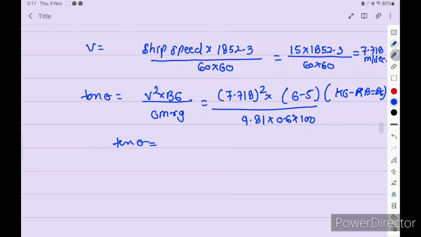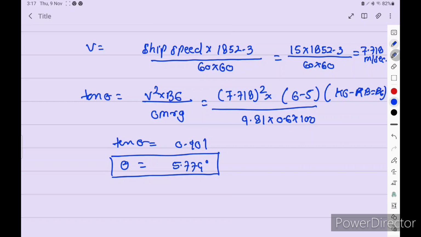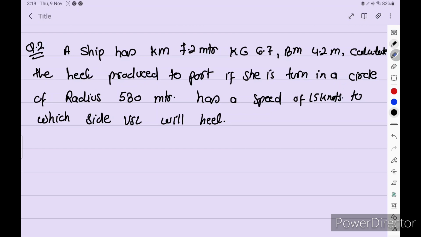So tan theta is equal to 0.101. So theta is tan inverse, equal to 5.779. This is our answer.